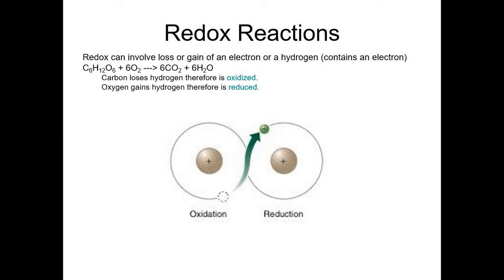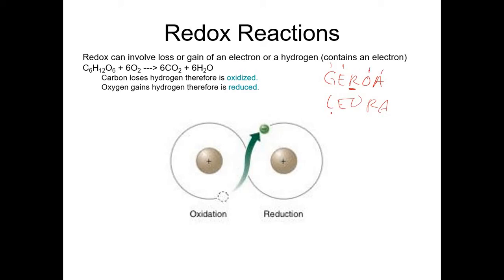Okay, for redox, it's very easy because we have a mnemonic. We have GER and LEO. What this mnemonic means is that the substance that gains electrons, the process is called reduction, and the substance that gains electrons is called an oxidizing agent.